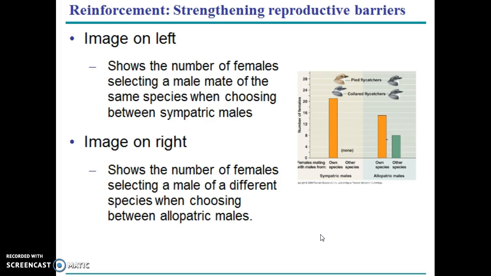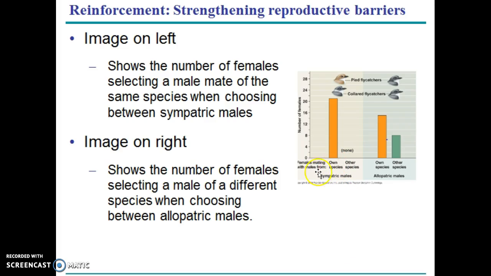Notice that the male pied and collared flycatchers in the allopatric populations look very similar, but in the sympatric populations, very different. Barriers to reproduction seem to be stronger in the sympatric populations. Since this is reinforcing a reproductive barrier, this process we see in the example is called reinforcement.